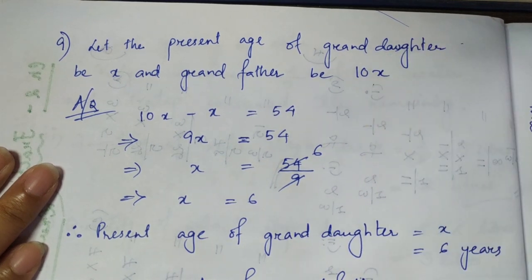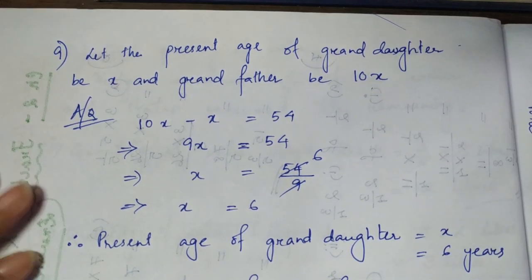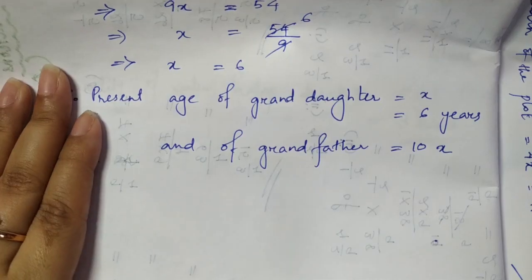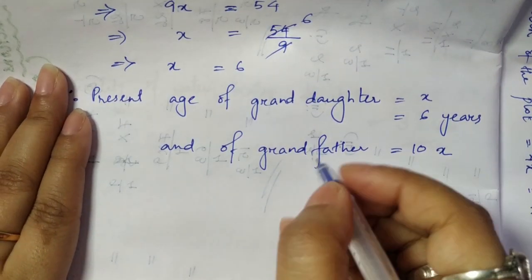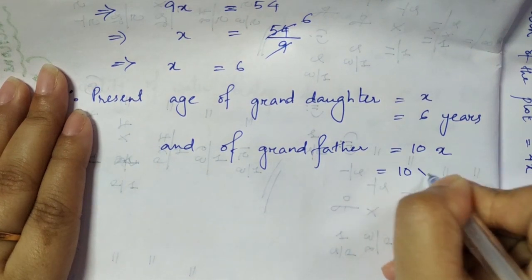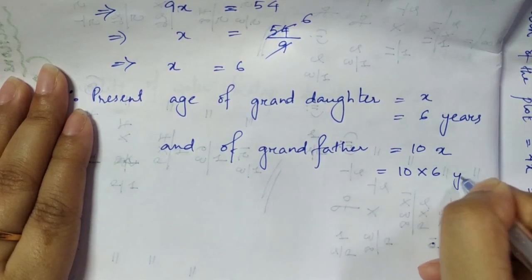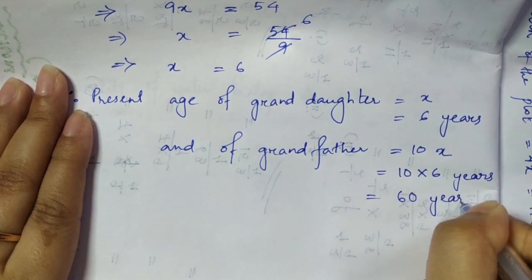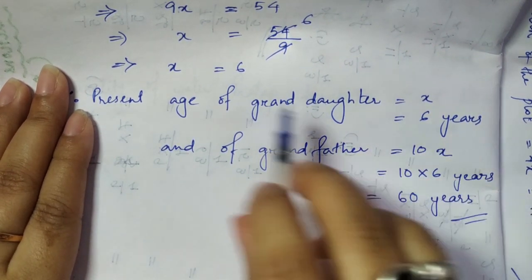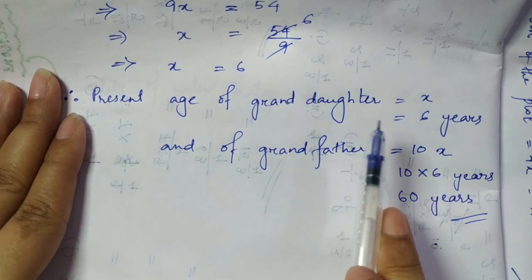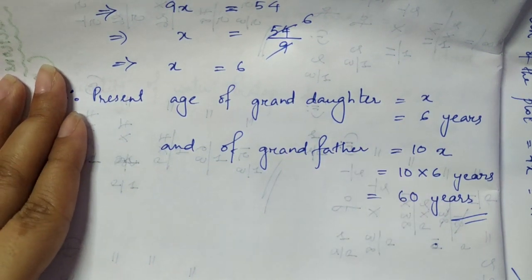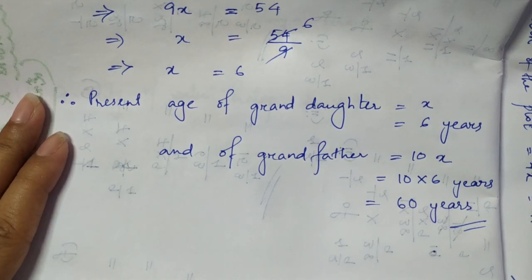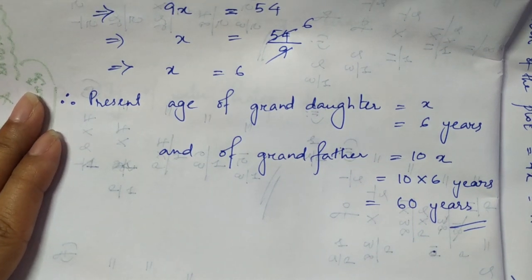We have considered it as 10x. So 10 into x, which is 6 years, will be equal to 60 years. See, if you subtract this and this, you will get 54, which says that the grandfather is 54 years older than the granddaughter. Okay, so here we come to an end of today's explanation.